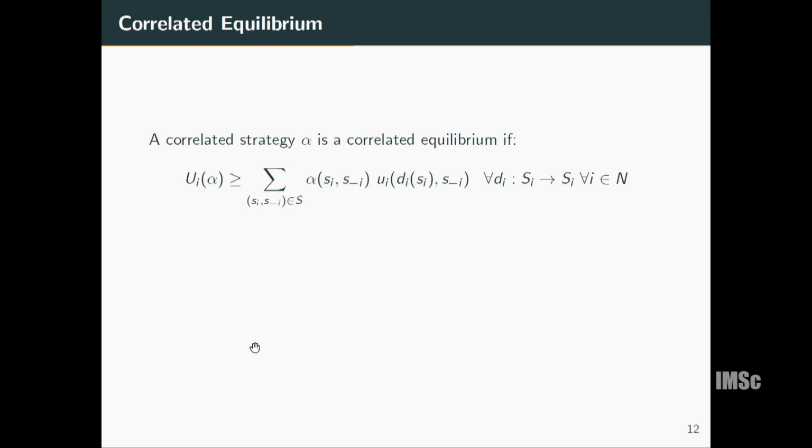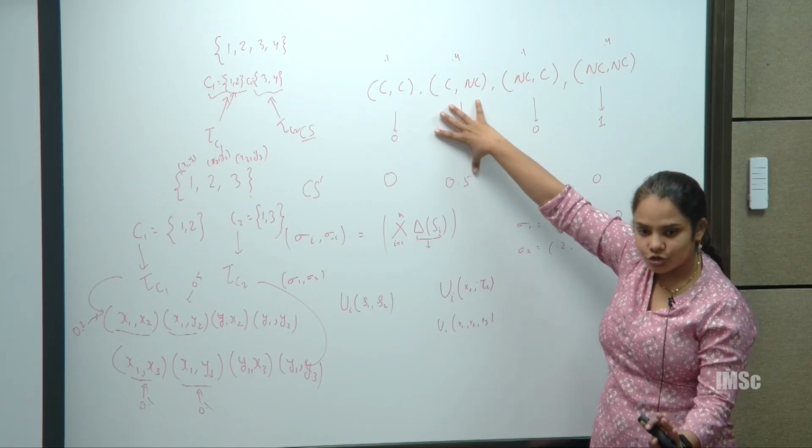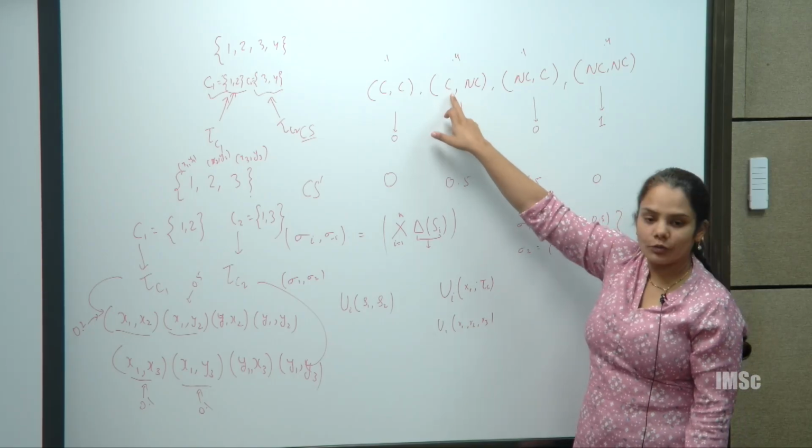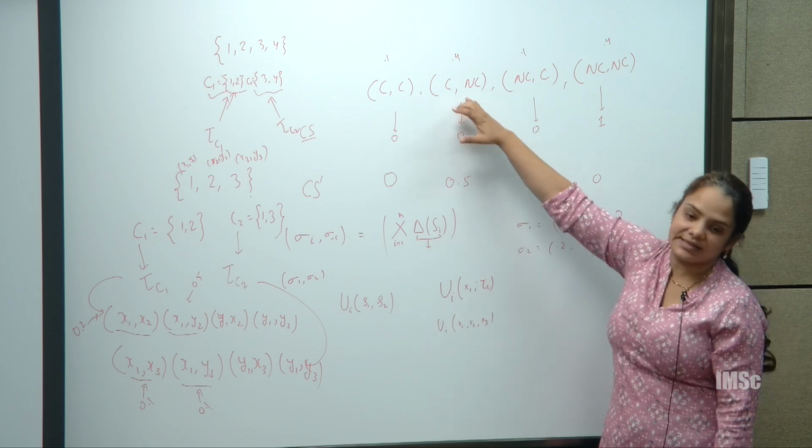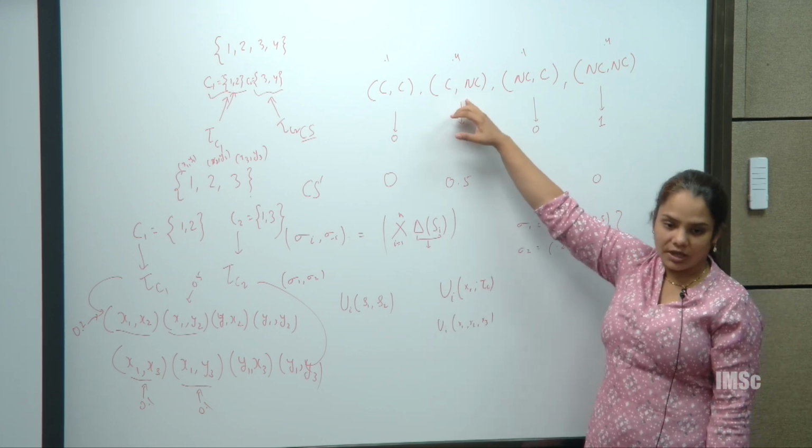So, the terms with 0 will cancel out. So, let us talk about this. With 0.5 probability, you know that the other person, the second person, is playing NC and you are supposed to play C. Let us say I am talking about player 1. Should he play C with 0.5 probability? That is what I am asking.